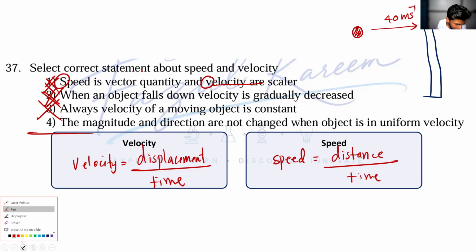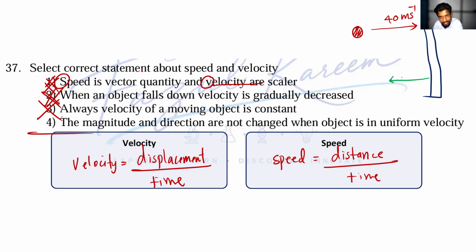I will use another color pen for this one. It is bouncing back with the same speed, 40 m s^-1. But the velocity is not the same. Why? Because the direction changed. You can note down that one there. Don't take more time.